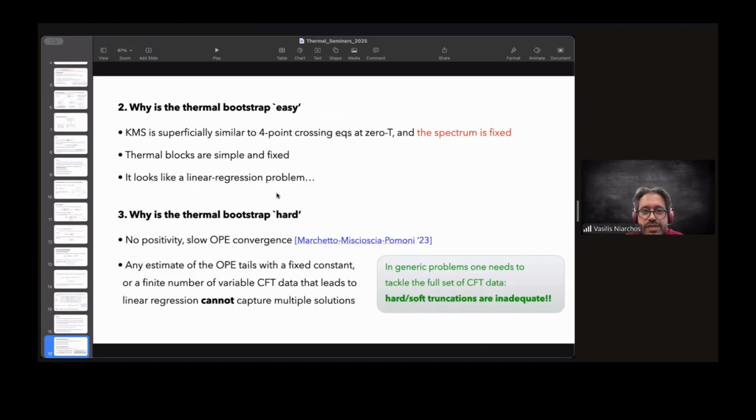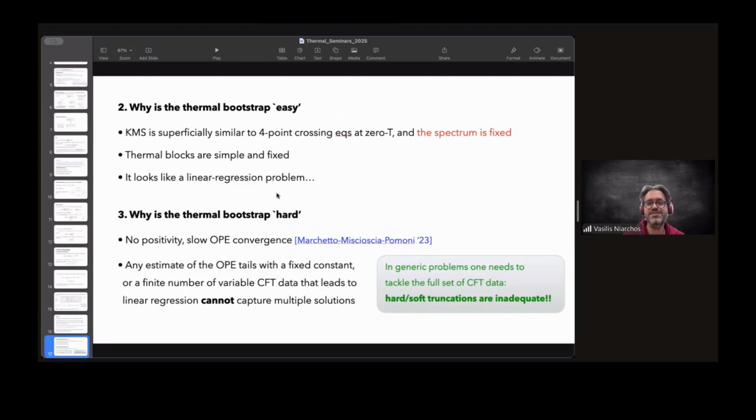Now, before we go to examples, why is the thermal bootstrap easy and why is it hard? It is easy, or so it seems at first sight, because the KMS condition is superficially similar to the four-point crossing equations at zero temperature on the plane, and the spectrum is fixed. So for us, who were trying to solve bootstrap problems on the plane, that seemed like a very simple case.